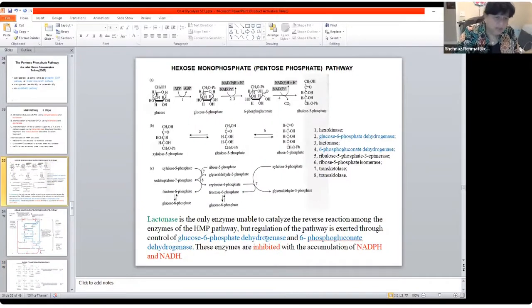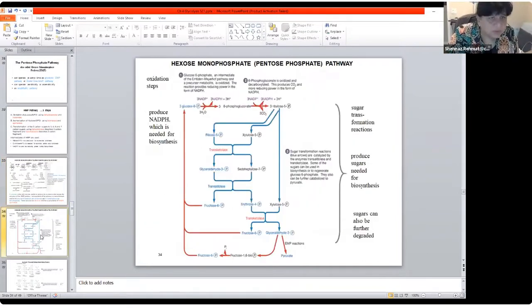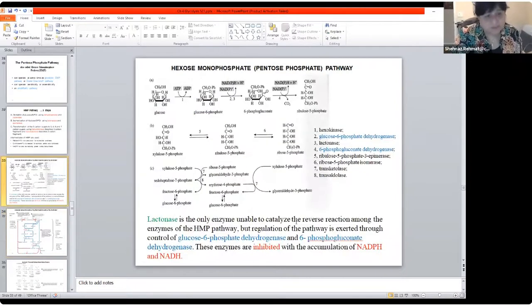Now looking at it, the last statement here is important to us. So how is this pathway regulated? Now, if you look at the pathway, there is only one enzyme in this pathway that is unable to catalyze the reverse reaction, and that enzyme is lactonase.